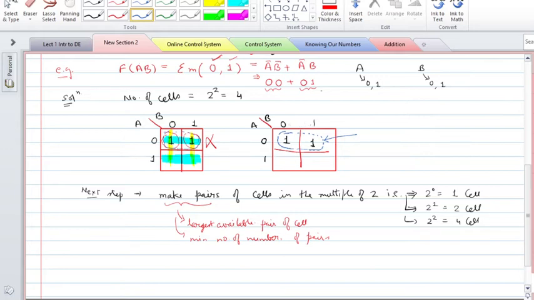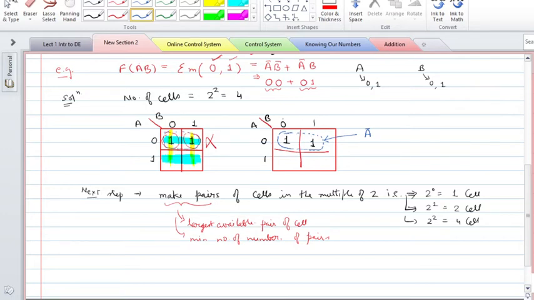So the Boolean expression for this group will be A bar, because A is equal to 0 and is constant for this group. Okay, and B is changing, so the variable which is eliminated is the variable whose value is changing in the complete group.